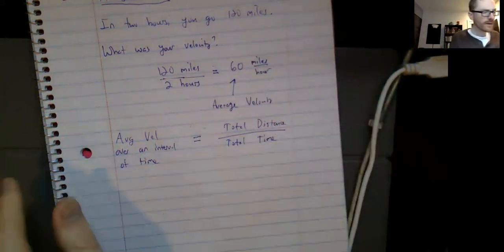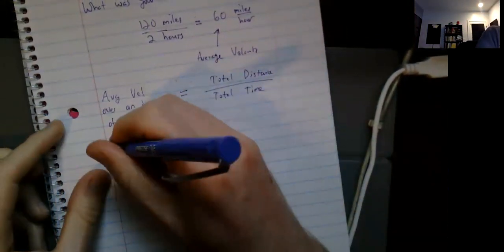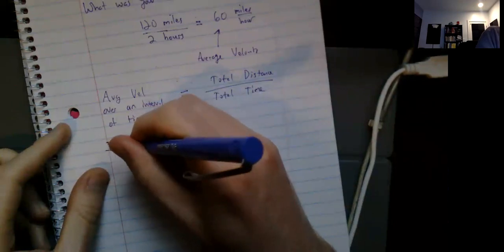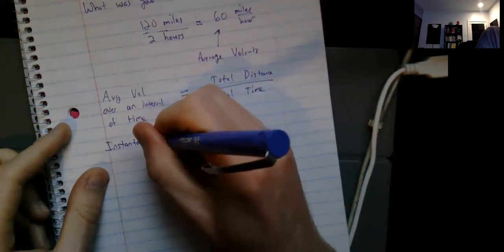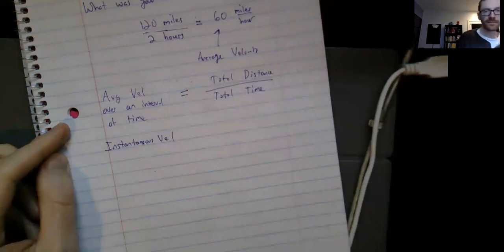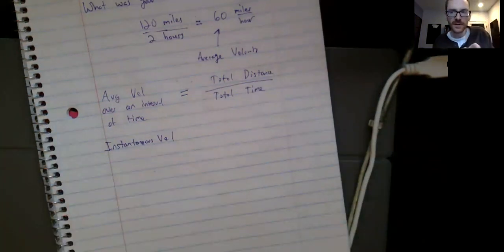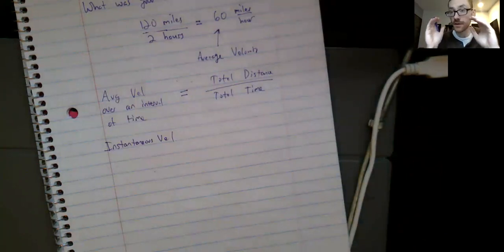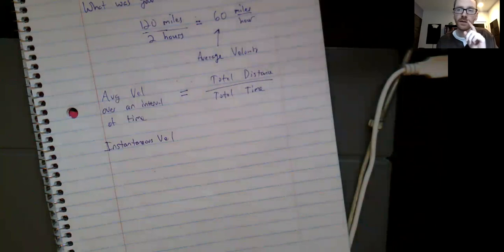On the other hand, instantaneous velocity. First of all, instantaneous velocity is different from average velocity because it's not something computed over an interval of time. It's not something that's computed over a span of time, but rather it's something that is computed at a single moment in time, right?